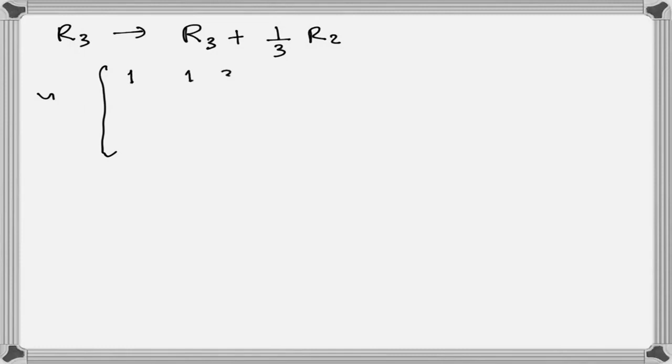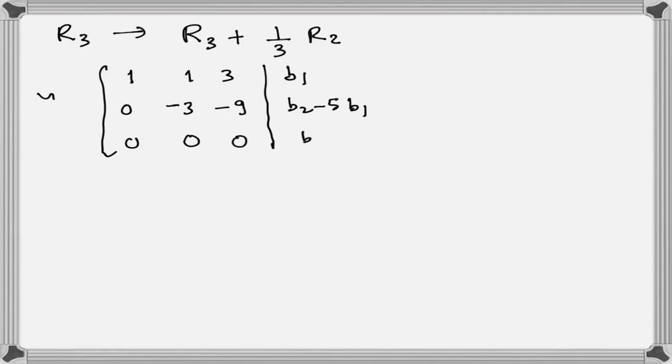So 1 1 3 b1, there is no change in the second row, 0 minus 3 minus 9, and b2 minus 5b1. And here if I multiply row 2 by 1/3 and add it to the third row, we get 0, and 3 minus 3 is 0. Okay, and we have b3 plus 2b1 plus 1/3 of b2 minus 5b1.